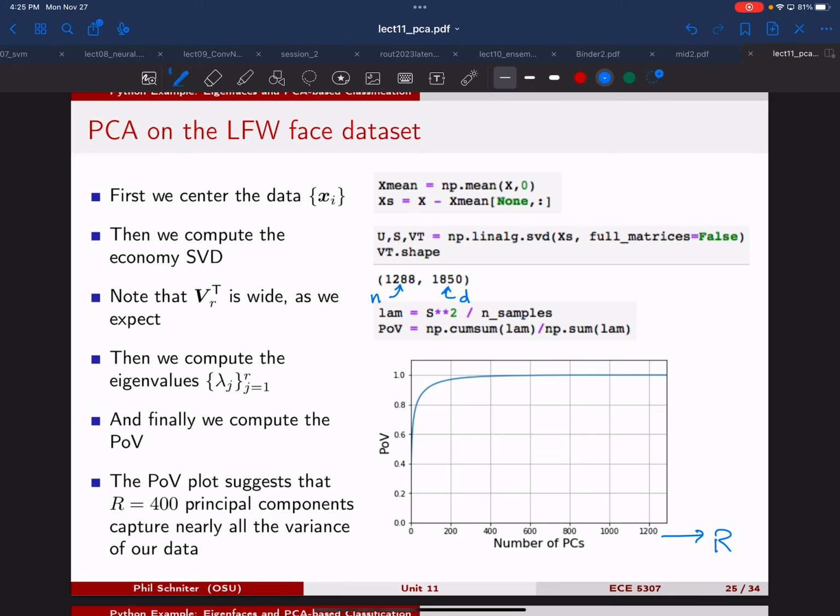It's a little bit unusual, because we usually see more samples than feature dimension, but in this case, there are actually fewer.